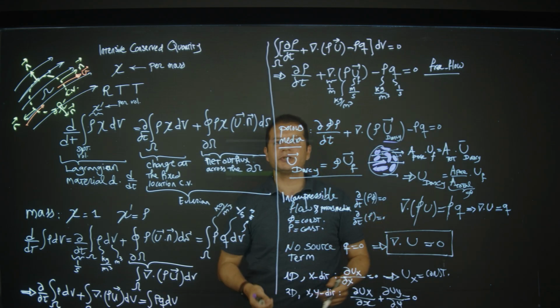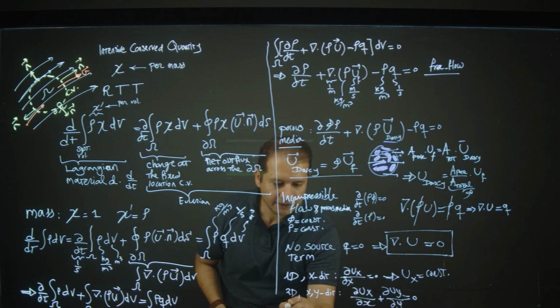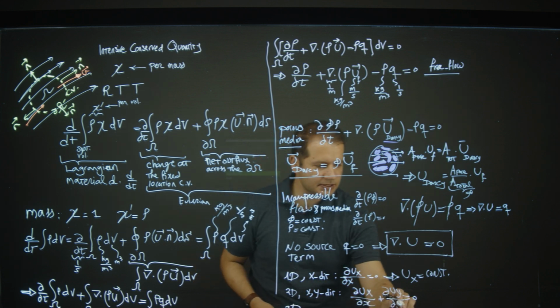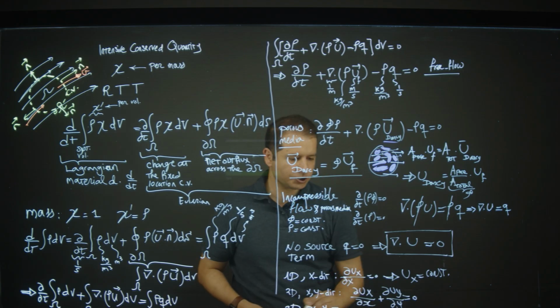In general, divergence is 0. In multidimensional systems like 3D, I hope it is typed and printed here, you have x, y, and z direction.